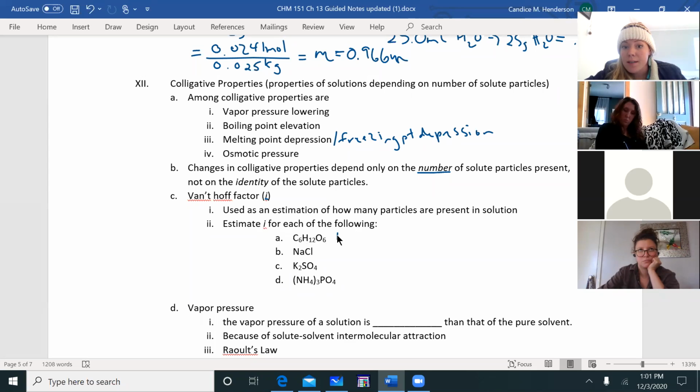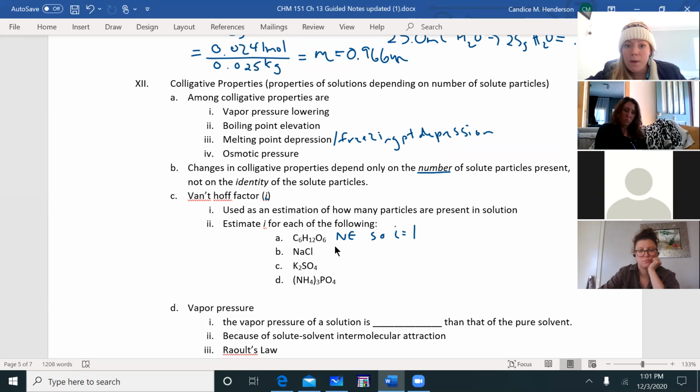So we're going to say that this is a non-electrolyte solution. If you have a molecule, the molecule itself won't break down, so we're only going to get a 1-to-1 ratio here. So our i value for this is going to be equal to 1. I get 1 particle for every 1 molecule.